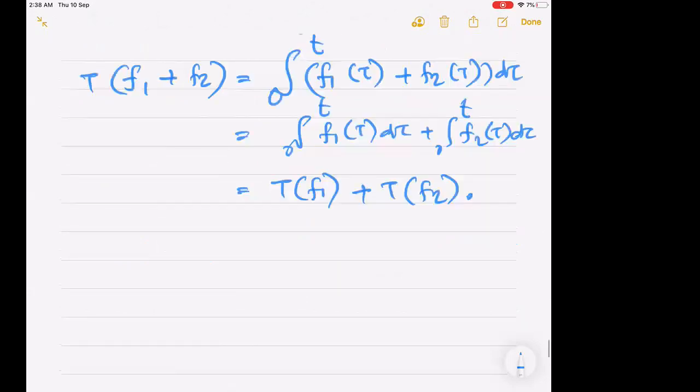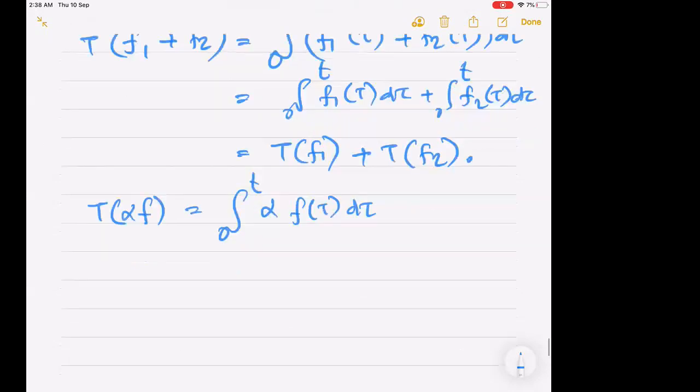And likewise I acting on alpha f is going to be the integral from 0 to t of alpha f tau d tau, which is the same as alpha times the integral from 0 to t of f tau d tau. This is the same as alpha times I acting on f. So it's linear.